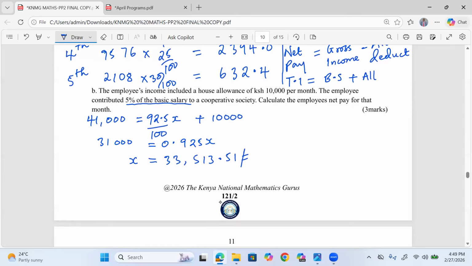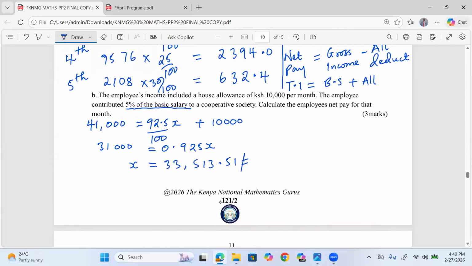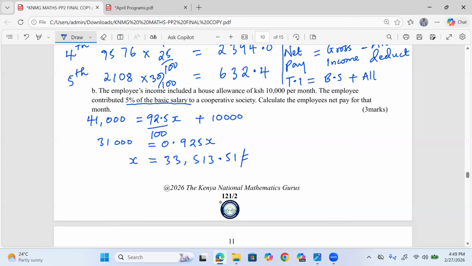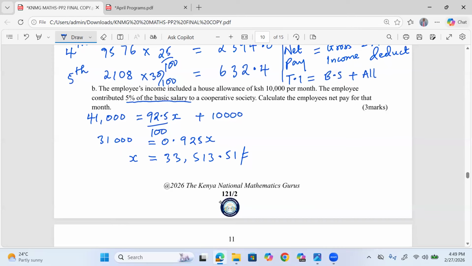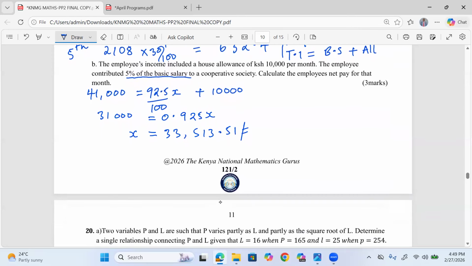Now, after knowing the basic salary, we can talk about the deduction that we were after. Which deduction are we after? The deduction that we are after is the 5% of this basic salary, 5% of basic salary to the cooperative society.